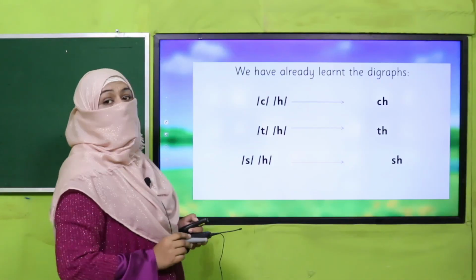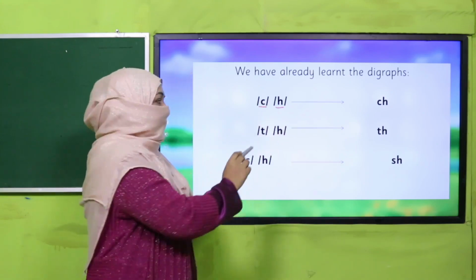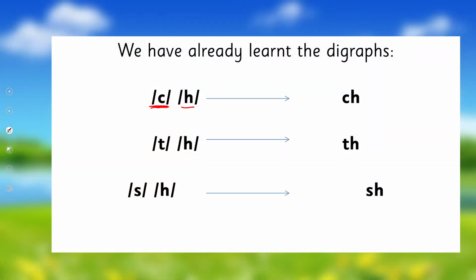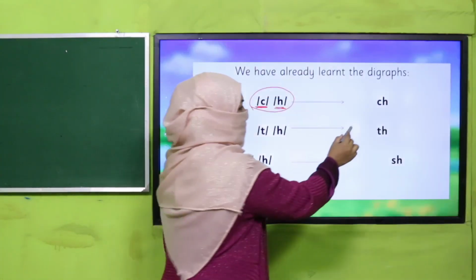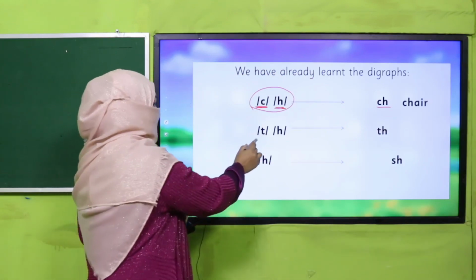So how do we pronounce these sounds? As I taught you, you know the sound of this letter C, it's K, right? The sound of letter H is H. But when they are joined together, they make a new sound, that's Ch, as in chair, right?